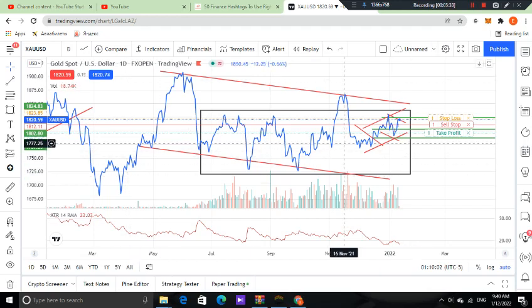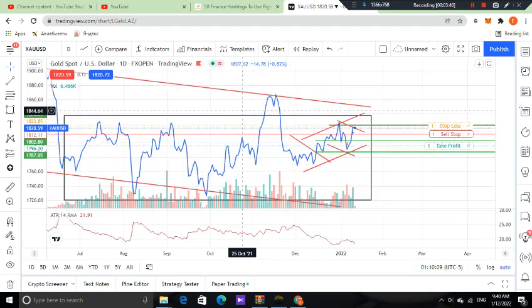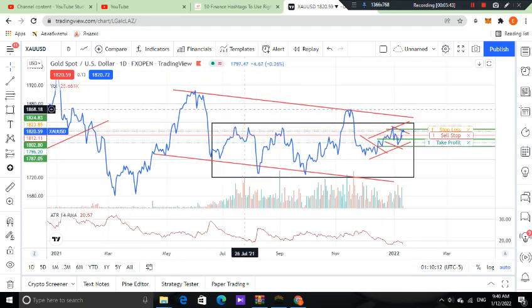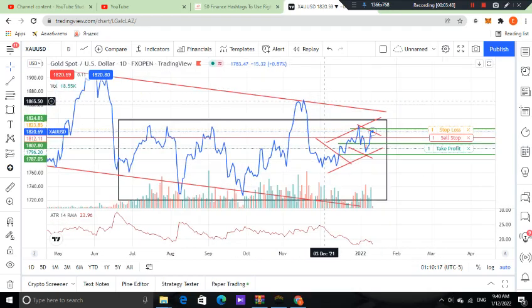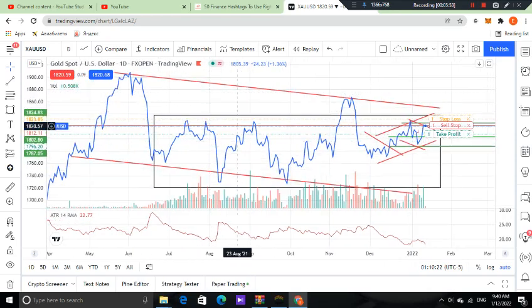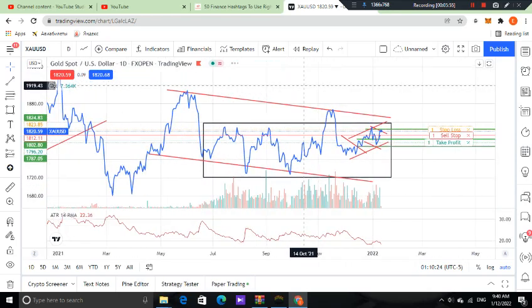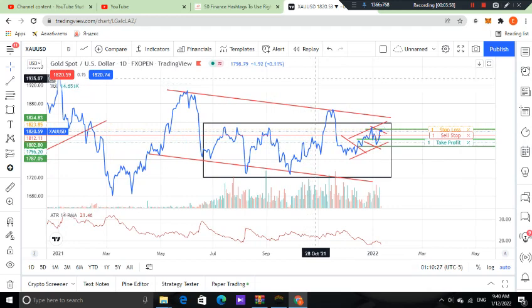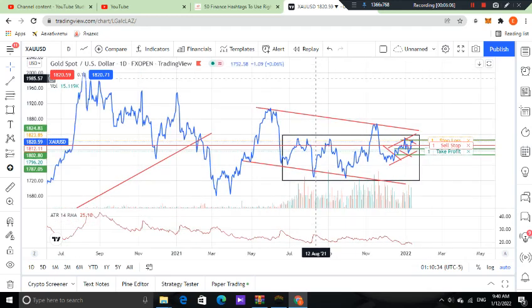In most cases, channels tend to evolve into a trading range when the channel starts to weaken. It evolves into a trading range like this one. What conditions do we have to have in order to have a channel and a trading range?